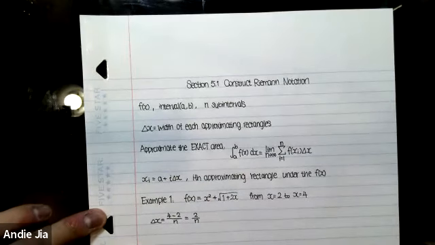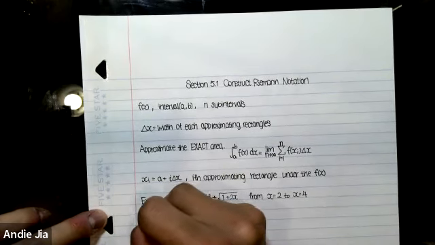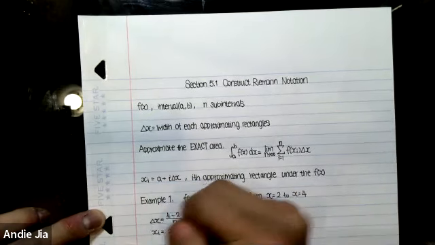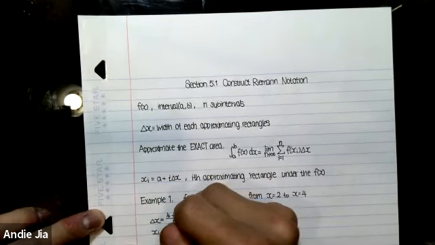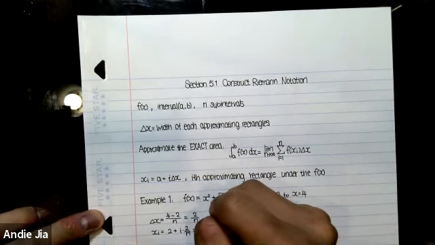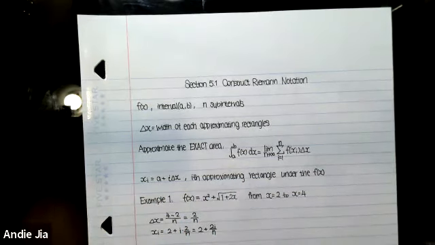The x_i, the ith approximating rectangle, is a, which is 2, plus i times 2 over n. What we have is 2 plus 2i over n. Here's our ith approximating rectangle of the area.